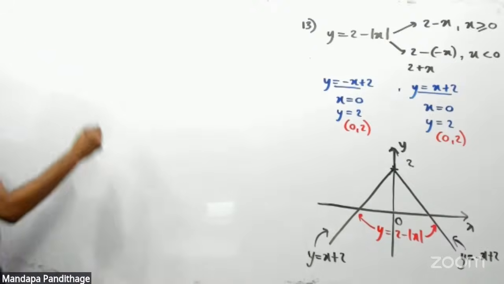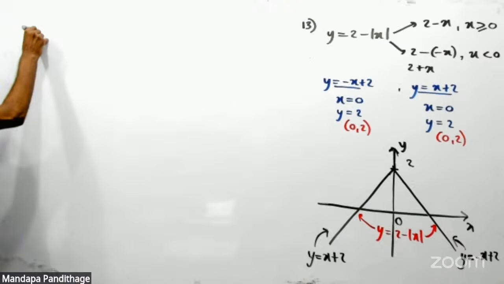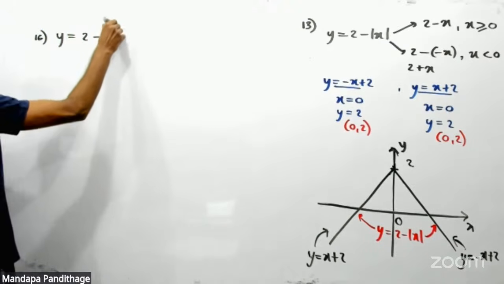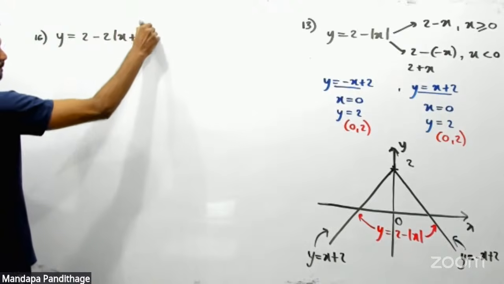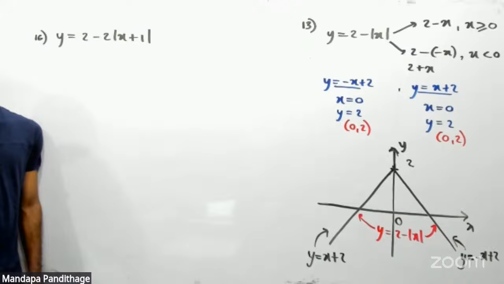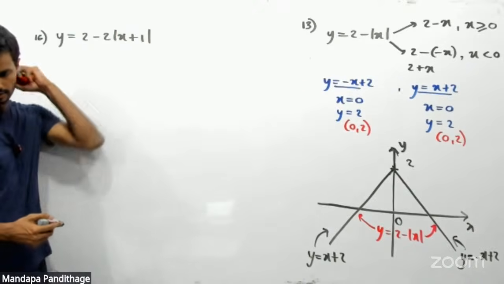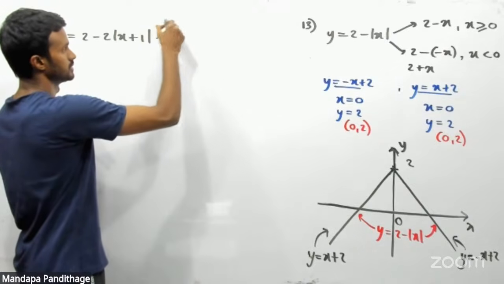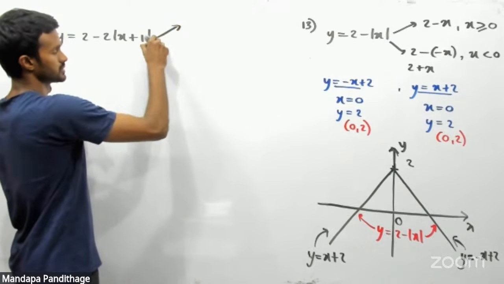Y equals 2 minus 2 times x plus 1. Okay, so here we can do it this way: write the definition based on this being positive or negative.